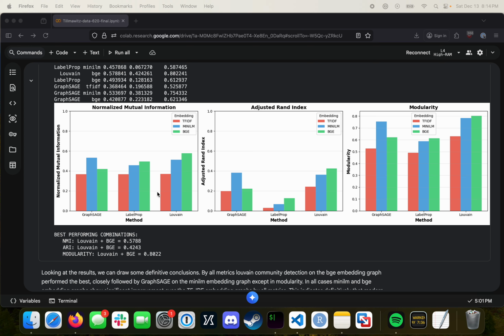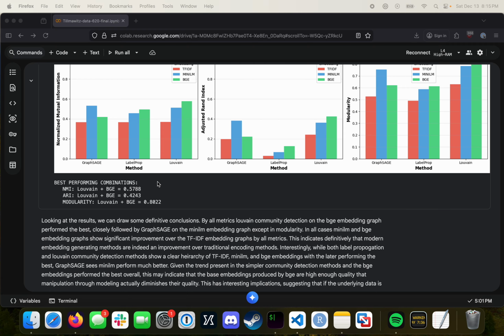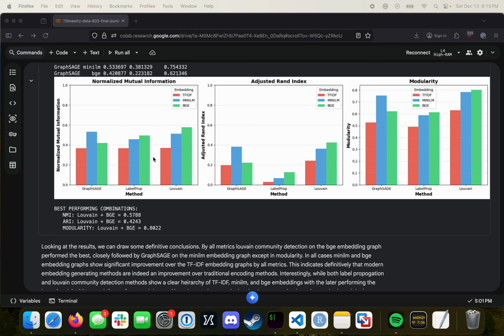We can see a clear hierarchy with the mini-LM and BGE embeddings providing meaningful information gain that can be used by all methods over the traditional TF-IDF method. However, we should note there's a very interesting result in GraphSage in particular, where it significantly overperforms on the mini-LM embeddings and significantly underperforms on the BGE embeddings as compared to the other community detection methods.